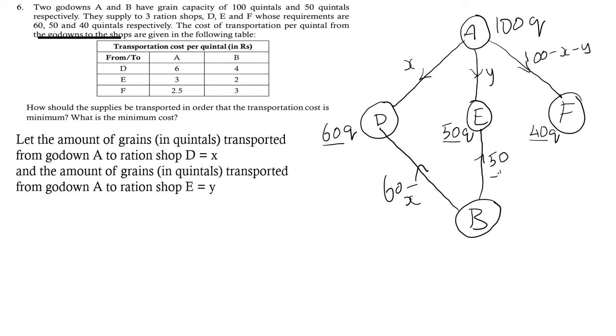This is 50 minus Y. Coming to F. Now F has a requirement of 40 quintals.